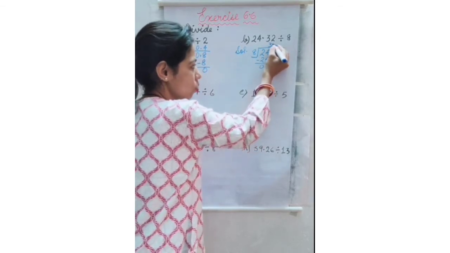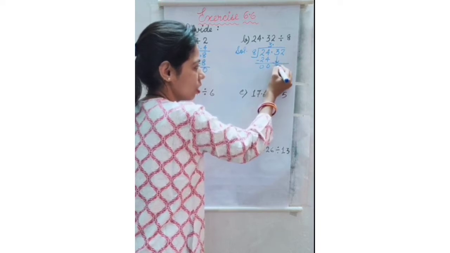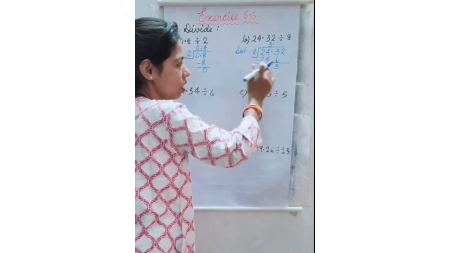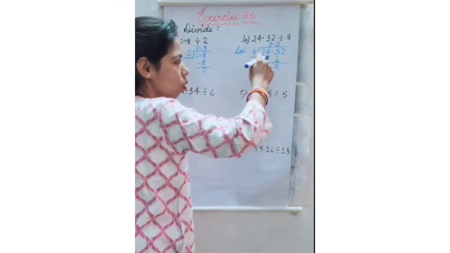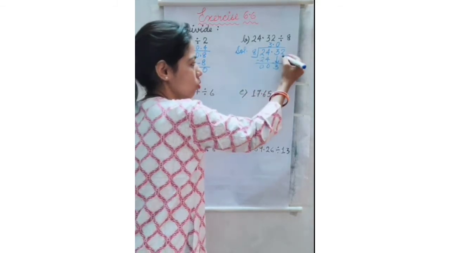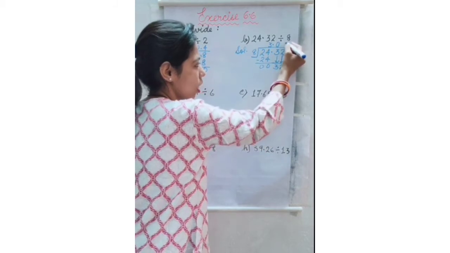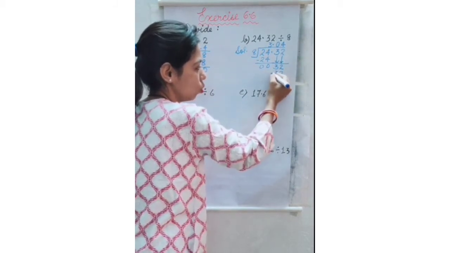As here is decimal, so we will place this decimal up and we will bring this 3 down. And we cannot divide this 3 by 8. So what we have to do, we have to give a 0 in quotient so that we will bring this 2 down. Now 8 fours are 32.